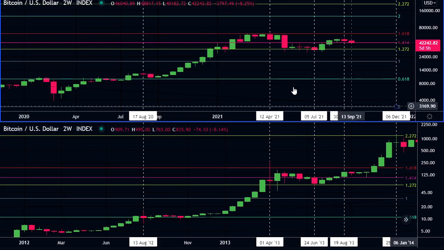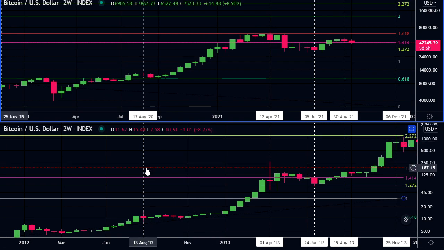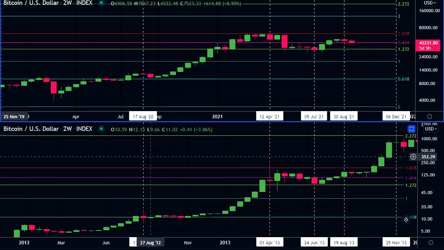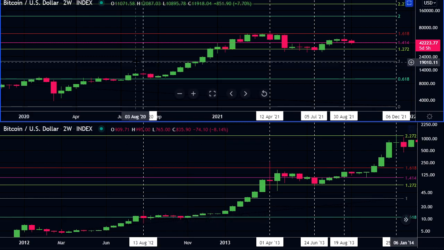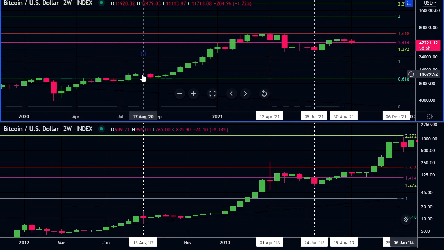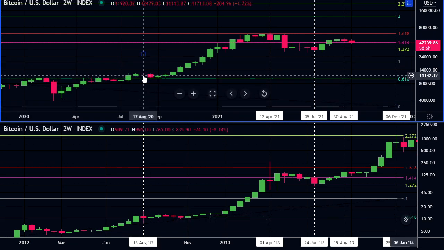Just looking at that side by side now, we can see that the peaks do line up quite well, and also some of the lows. We had a peak in 2012 on this 2012-2013 bull run, and we also peaked around August 2020, so at a similar time, but 8 years later, obviously we're comparing two cycles ahead. These peaks do line up on the 2-week chart.